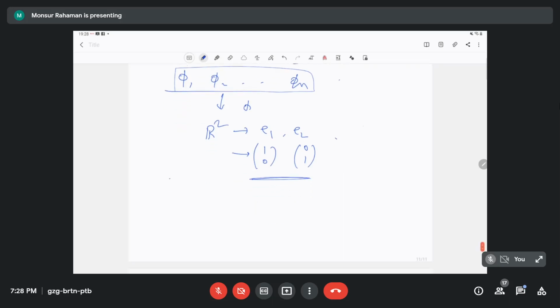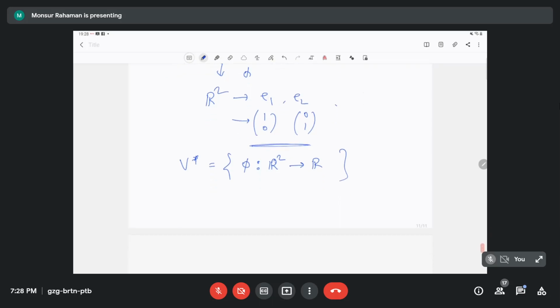So this is a standard vector you have taken. Now you want to find all basis vectors, so all linear functionals from R2 to R. Okay.